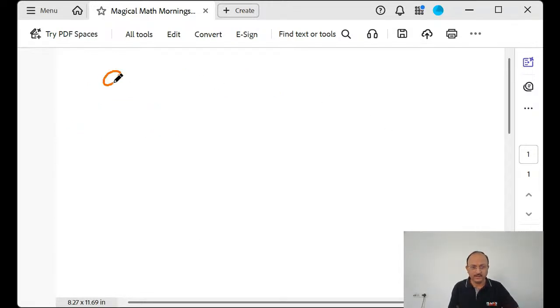We take 989 square. This one is very easy because the base is nearest hundreds. If we take it, it will become 1000. So multiplying by 1, we don't do any multiplication. Correct? Deviation is 11.